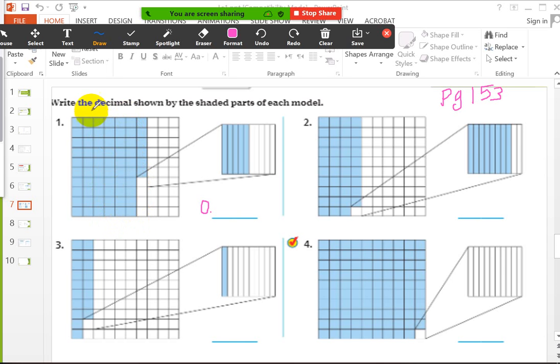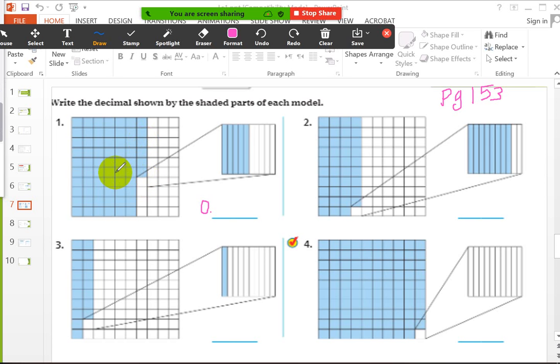So I have here 6 columns. In each column I have 10 parts shaded, so I have 60 parts. So after 60, let's count 61, 62, 63, 64, 65, 66. Okay, so I have 66 parts shaded on this whole.